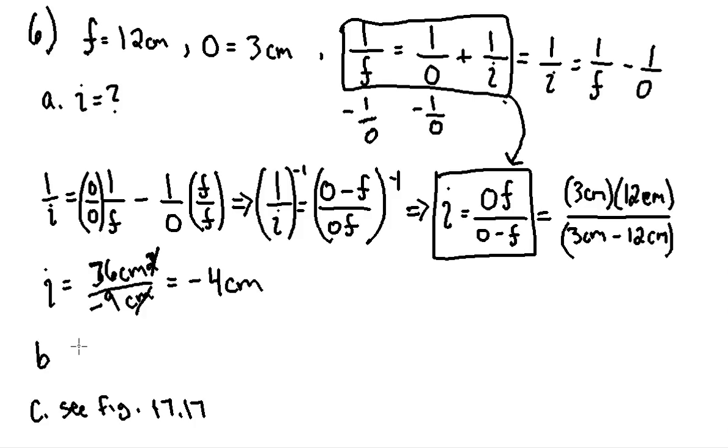The reason why it's virtual is because there are no actual light rays coming from that source. If you look at all of those dotted lines, those represent what it appears to the observer, what it looks like those lines are coming from.